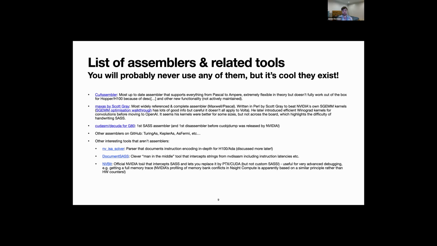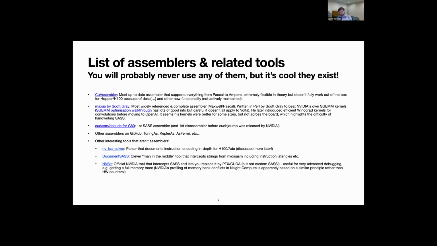I think people do tend to overestimate how correct it still is. So for example, one thing I'm not going to touch in this presentation is the reuse register flags in the SASS because I've got patents in that topic and other things. So I really shouldn't talk about it.